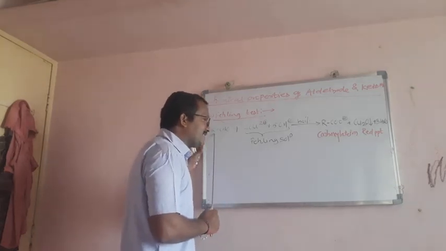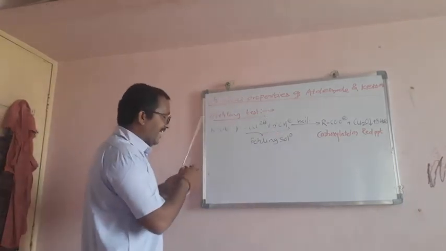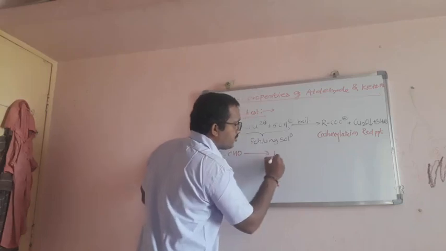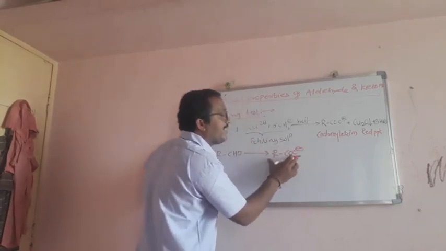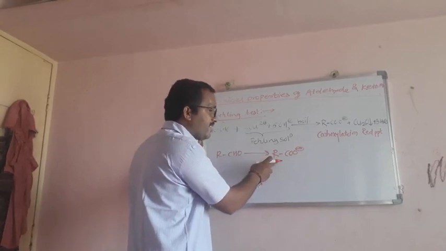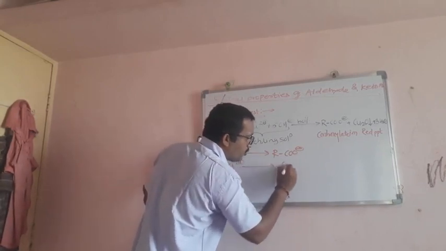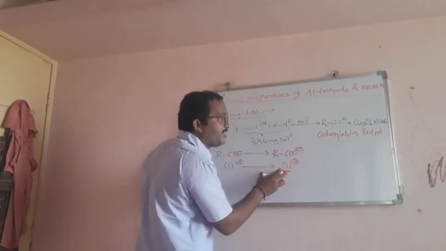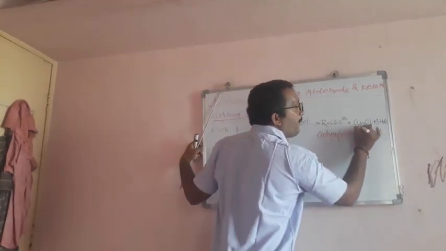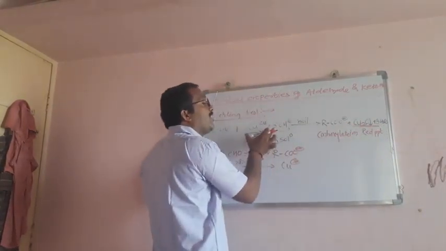When an aldehyde is reacted with Fehling's solution, the aldehyde RCHO is converted to carboxylate ions, RCOO minus. In that reaction, Cu2+ is reduced to Cu+ ions, and because of this cuprous oxide, it gives a red precipitate to the mixture when it is boiled with water.